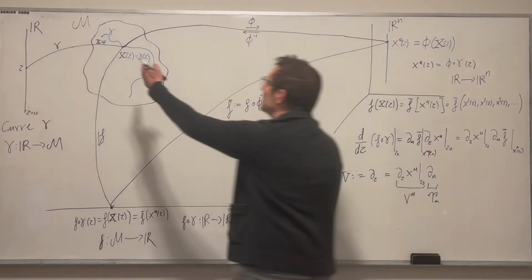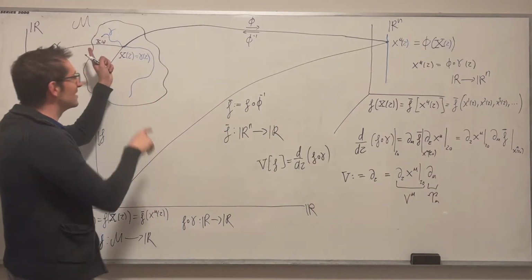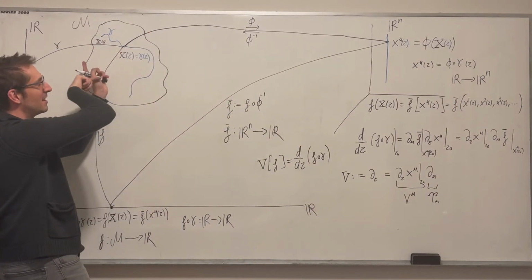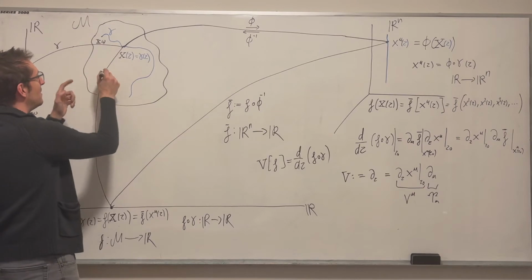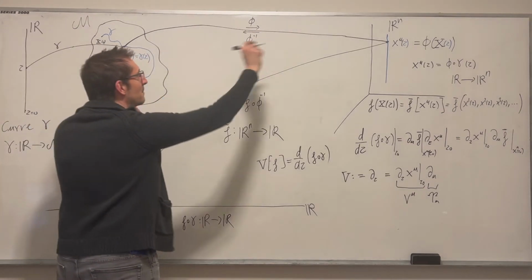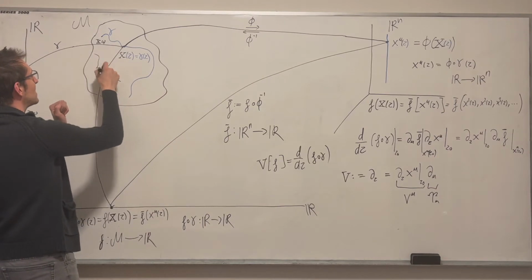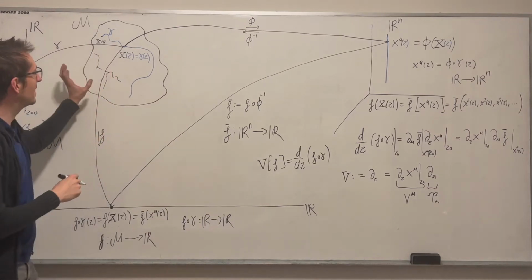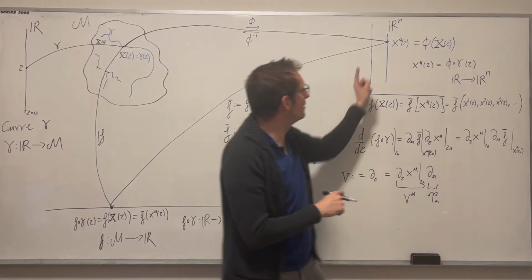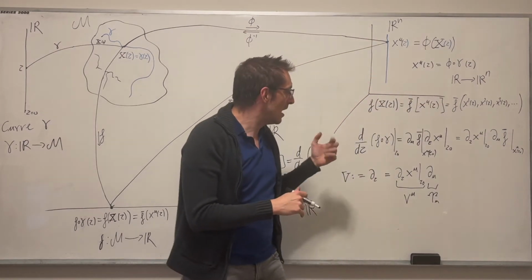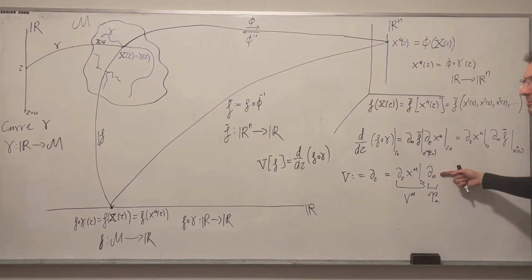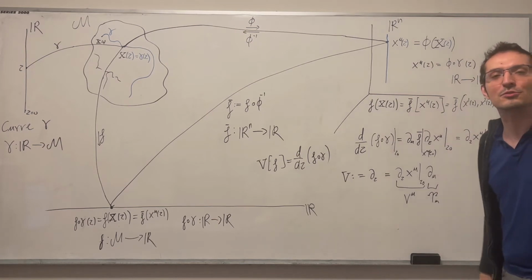There are some curves in here that represent the x-axis. Maybe this curve represents the x-axis when I map it with the chart phi. This one represents the y-axis, and this one represents the z-axis, and they get mapped with the chart phi into the coordinate curves. This is exactly what these partial mu operators represent: the tangent vectors to the coordinate curves.